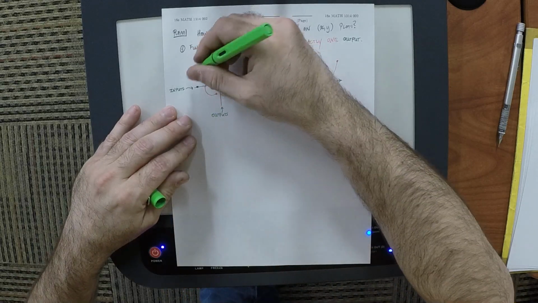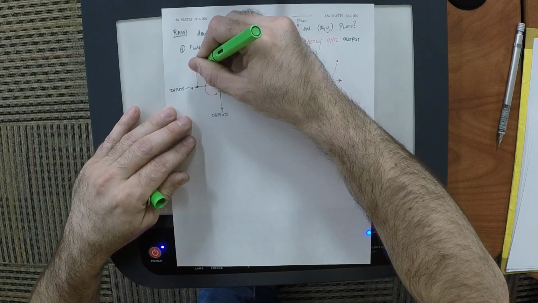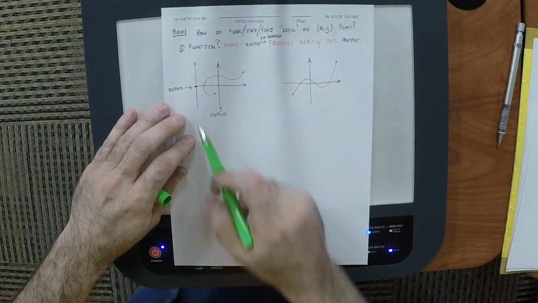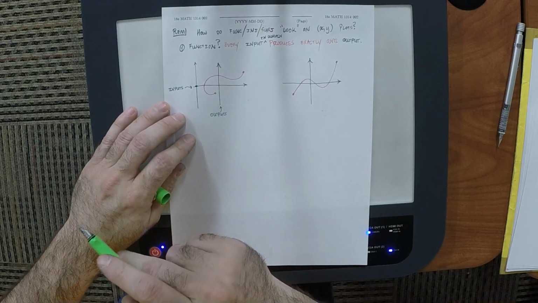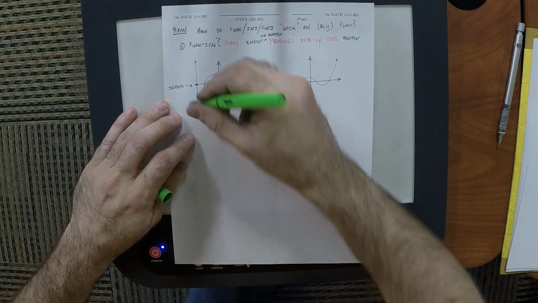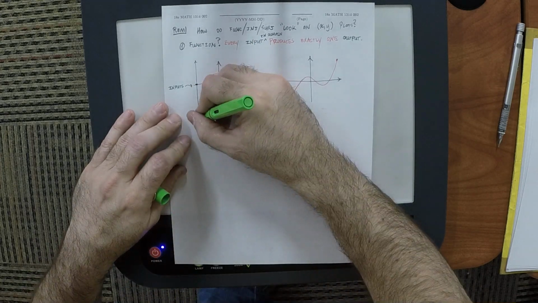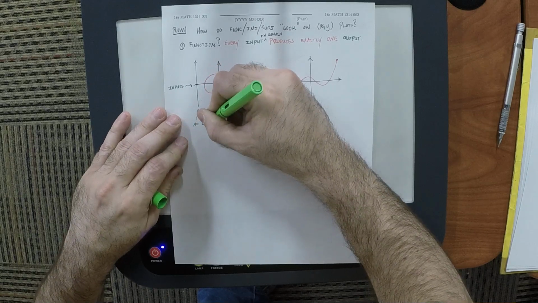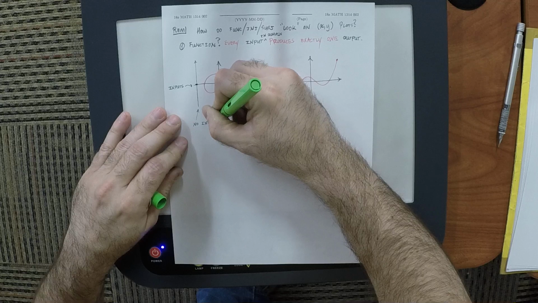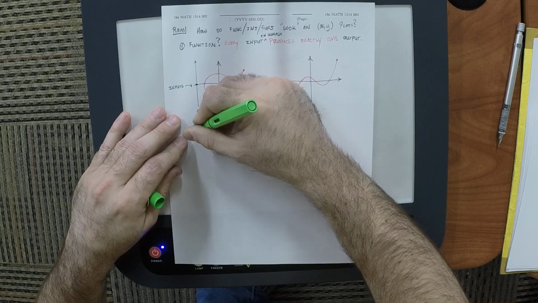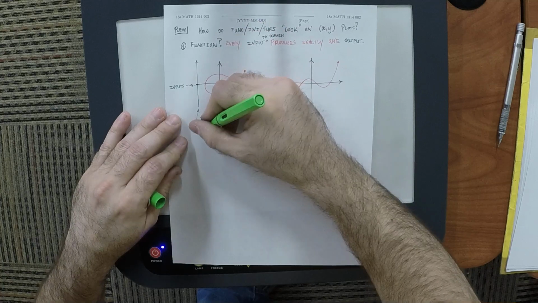The way you can tell is you draw this line here and observe that that line doesn't have any intersections. Therefore, that input is not in the domain.